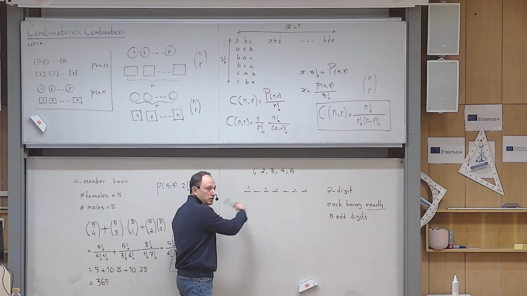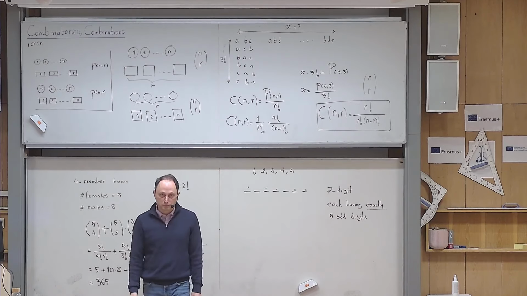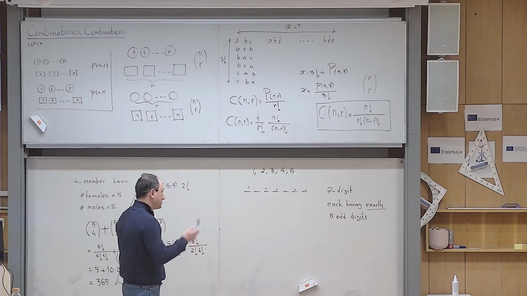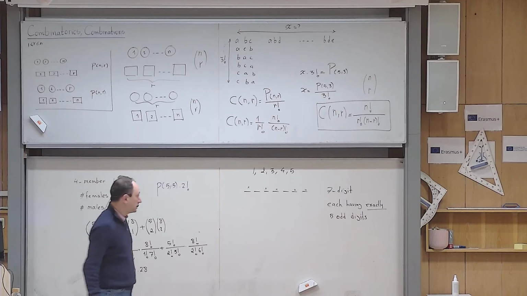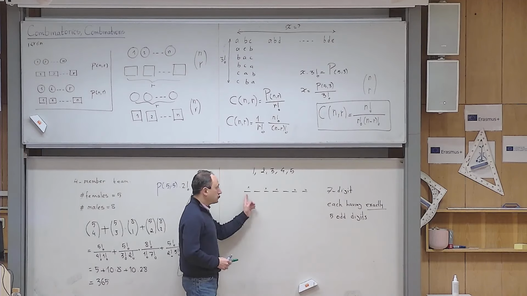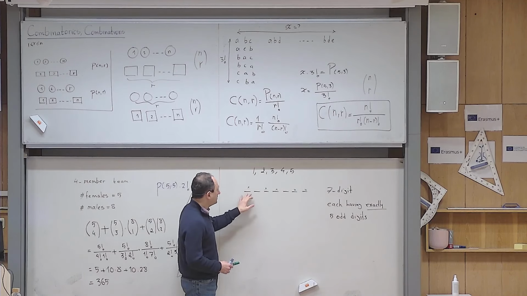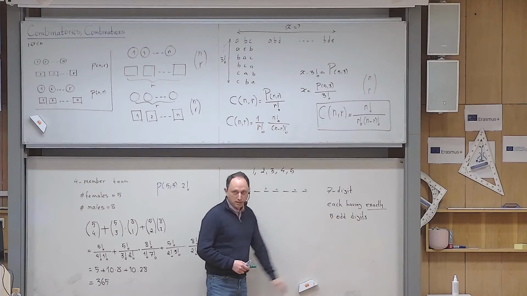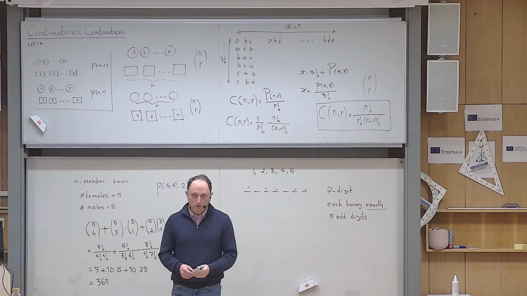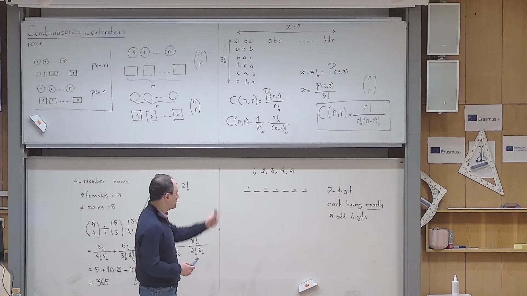I'm just saying that stage 1, this is my story. You can come up with your story if it works. My story is that first I find the locations, I determine the locations of my 5 odd digits. These are just locations, so I take my marker and cross them over.